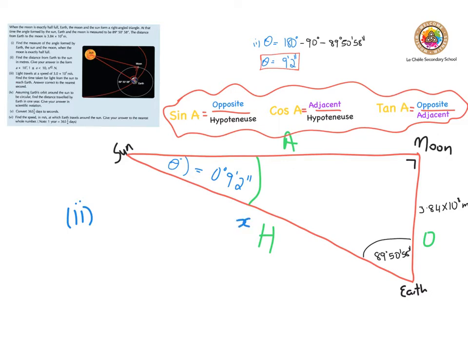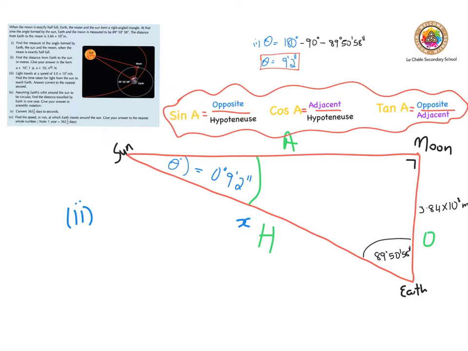So essentially, I want a ratio that involves the hypotenuse, and my other piece of information that I have is O, the opposite, and I have my angle. So I'm going to use opposite and hypotenuse, I'm going to use sine.